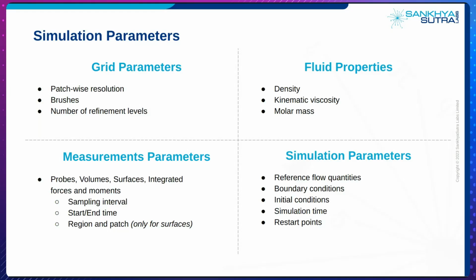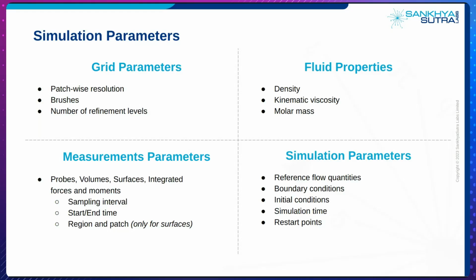Then you set your material properties, which are the properties of the fluid that you plan on simulating for. The inputs that SankhyaSutra Taral requires mandatorily are density, kinematic viscosity, and molar mass, all in SI units. Then you set the parameters for the measurements that you want employed in your simulation.